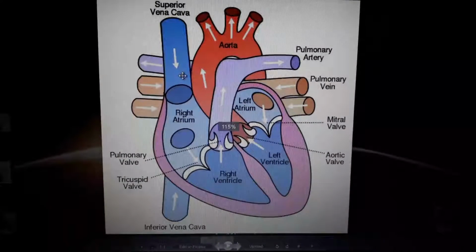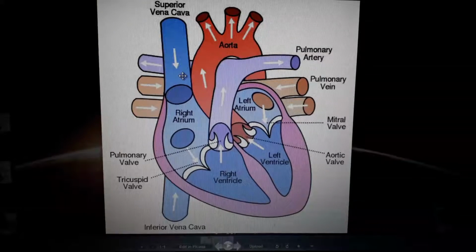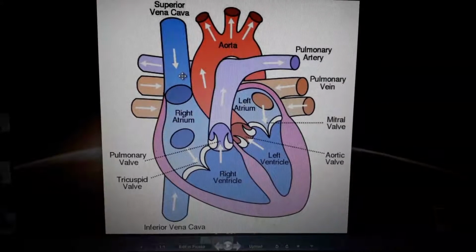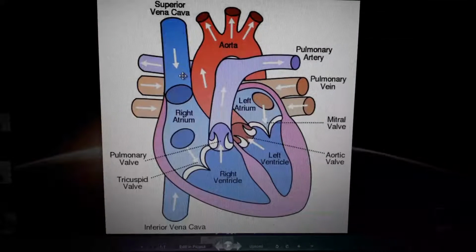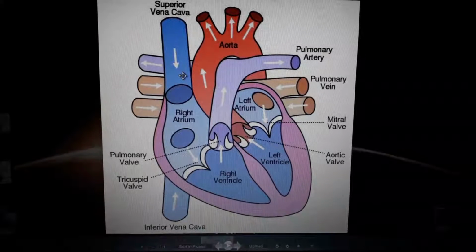You can see things like the aorta, pulmonary artery, pulmonary vein, and valves. Mitral valves and tricuspid valves are there, but we don't need to study those valves. We only want to study our right atrium, the four portions of the heart, and the different types of important veins and arteries.